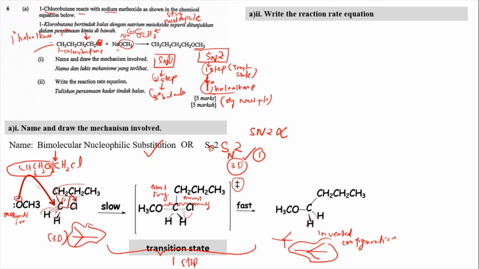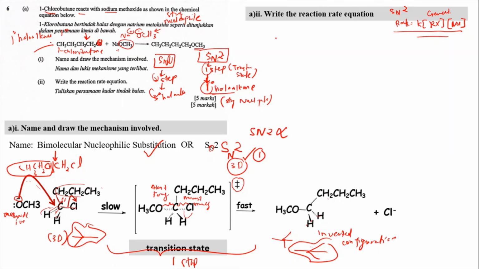Okay, and now for 6A2, we need to write the reaction rate equation. So we know that it is SN2, so the rate gonna be depending on both of the haloalkane as well as the nucleophile. Okay, tapi kita tak boleh tulis macam ni. Ini adalah secara general. We have to be specific.